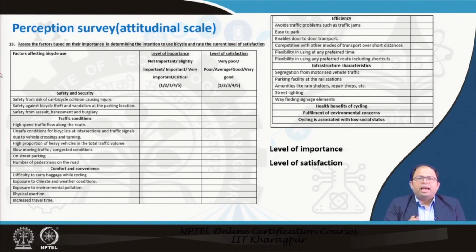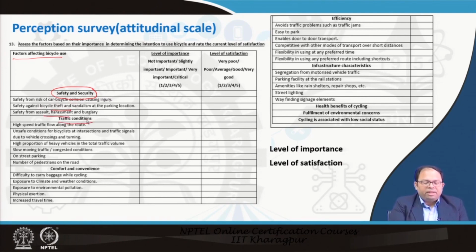So one was the actual RP part. This is also RP, but this is not the numerical or actual values of his choices, but these are his attitudinal values or perceptions. So here we can see that when we are talking about factors affecting bicycle use, we are talking about safety and security: safety from collision, safety from bicycle theft, safety from assault and harassment.